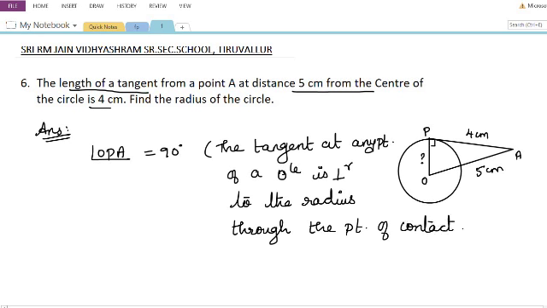So when we look into triangle OPA, in triangle OPA, angle P is equal to 90 degrees.